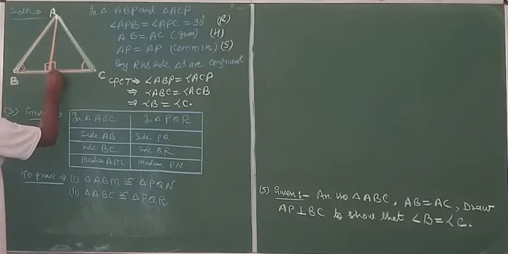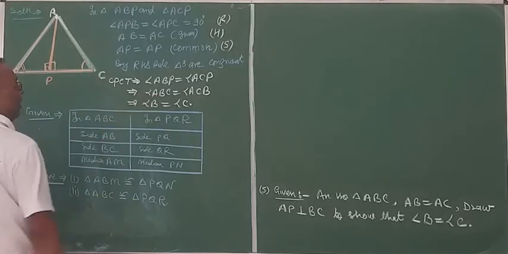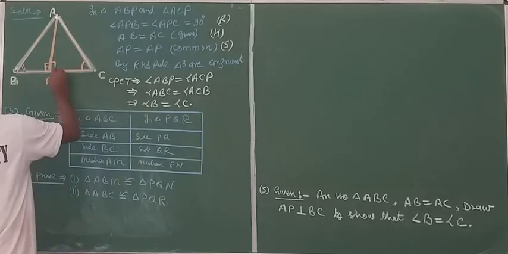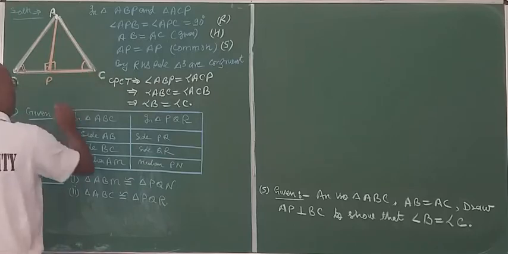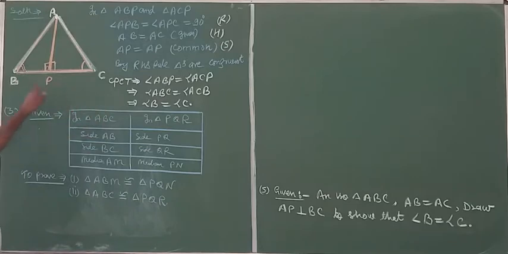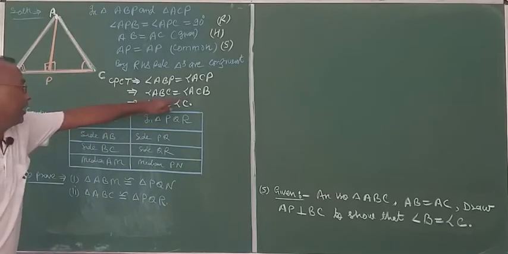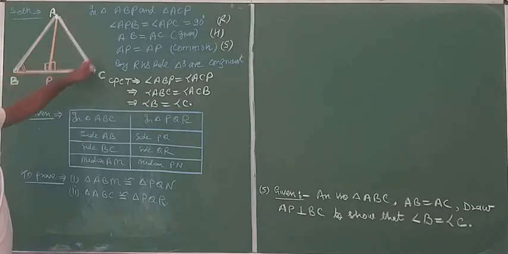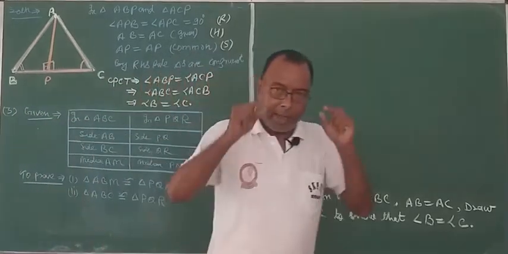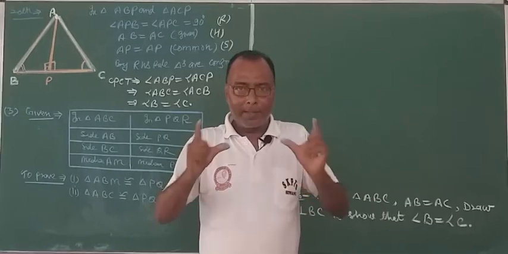ABP is ABC or not? And ACP is ACB. This is angle B of triangle ABC, and angle ACB is the angle C of triangle ABC. That's the reason angle B is equal to angle C.